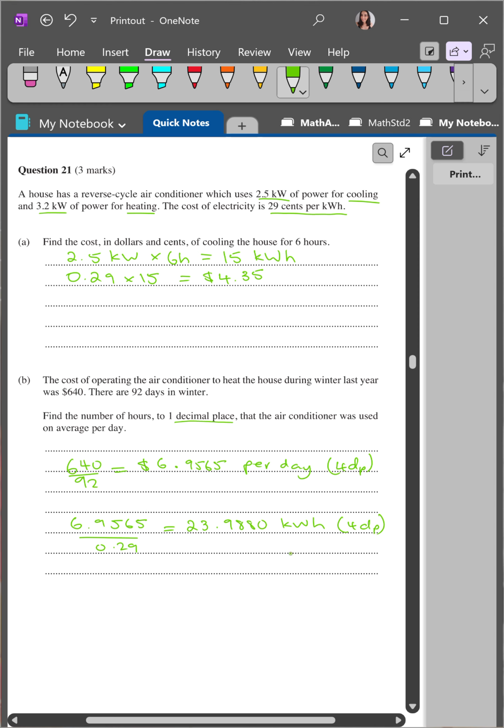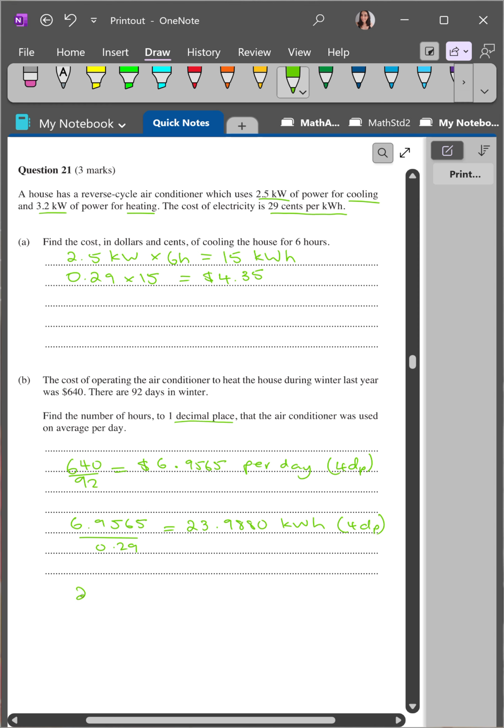Alright, so now we have how many kilowatt hours have been used in the day, and this is for heating the house. It says find the number of hours that the air conditioner was used on average per day. So basically we want to find the H. If we want to find the H, we need to divide by the kilowatts to get H on its own, right?